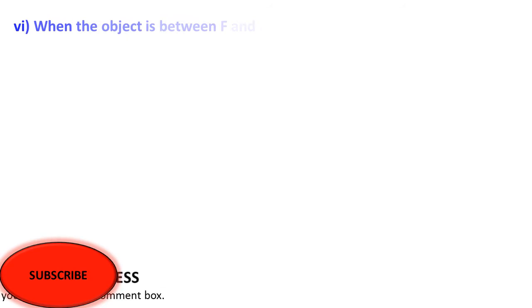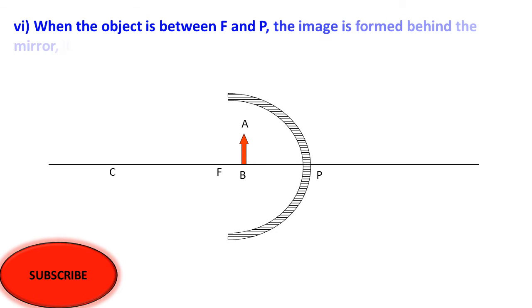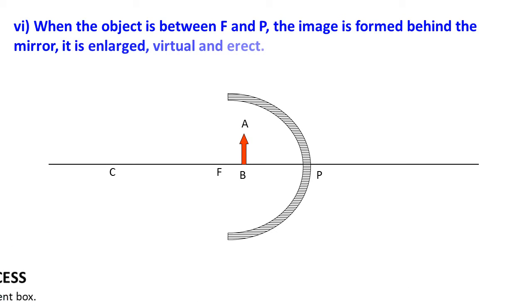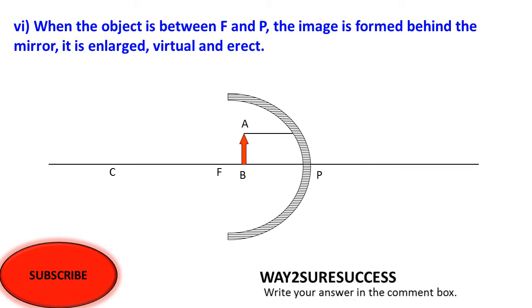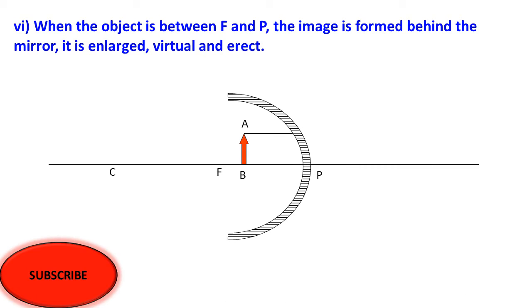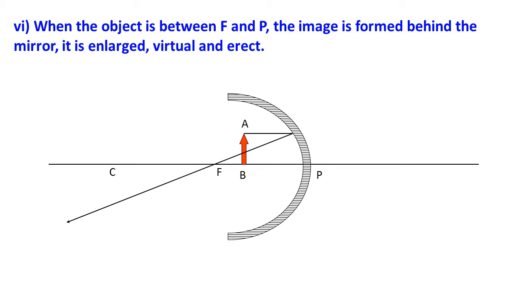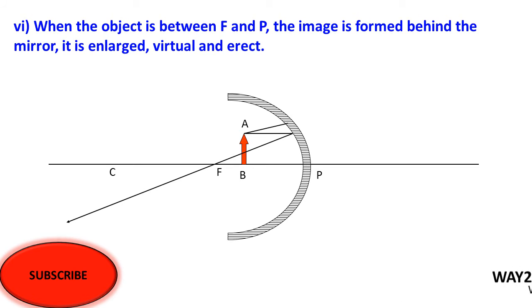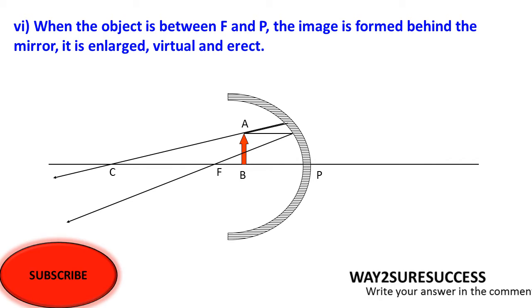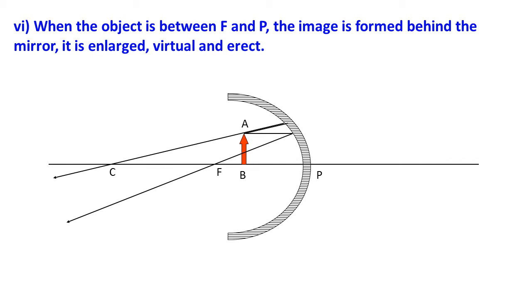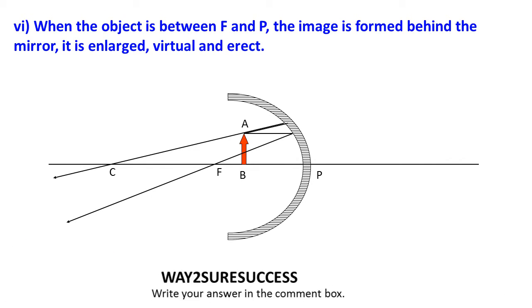Sixth diagram, when the object is present between pole and focus. In this case, similarly draw two rays, one parallel to the principal axis, another through the center of curvature. The parallel light ray, after reflection, will pass through the focus, and the light ray which is passing through the center of curvature, after reflection it will pass through the center of curvature.